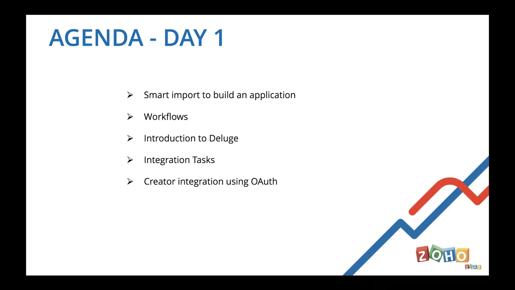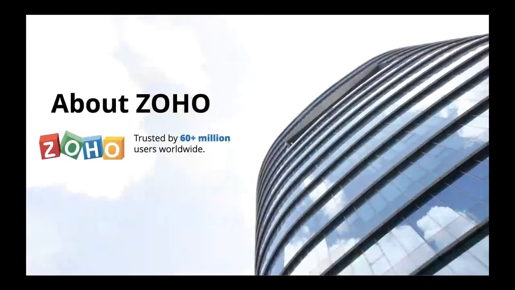I'll be starting with the overview of Zoho and a brief introduction of Creator. So let's start with a brief introduction of Zoho and what we deliver. The company was founded in 1996 as AdventNet and later rebranded to Zoho in 2006.